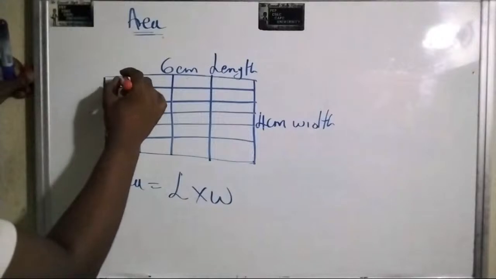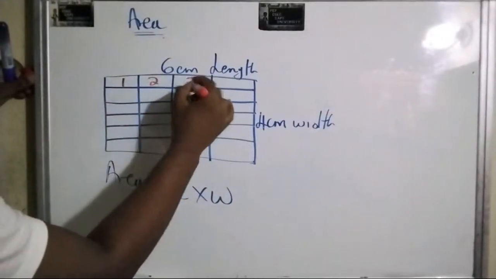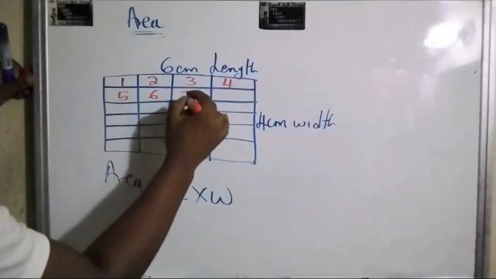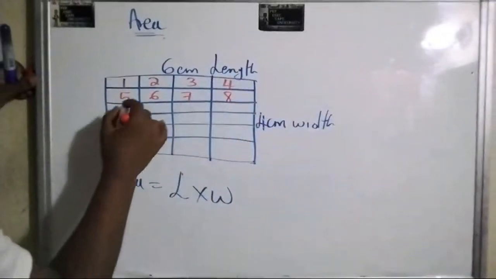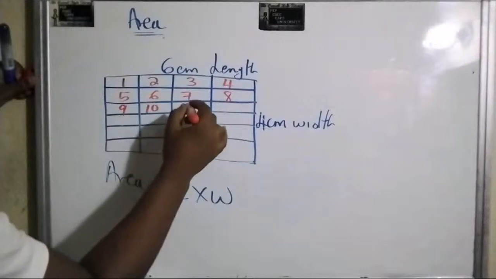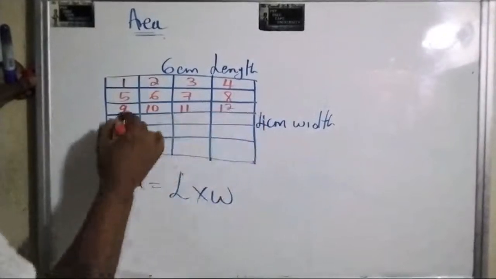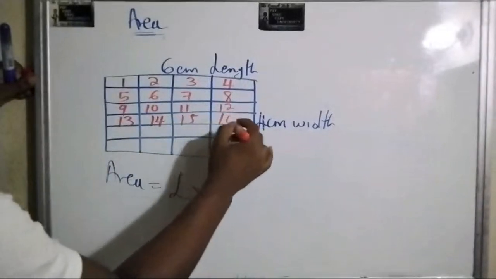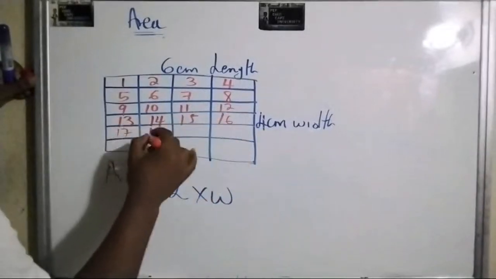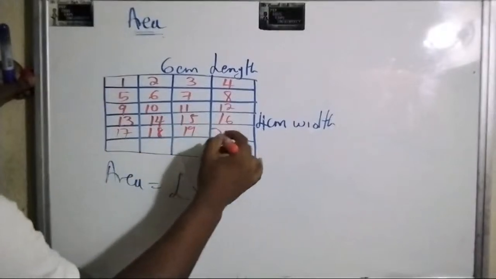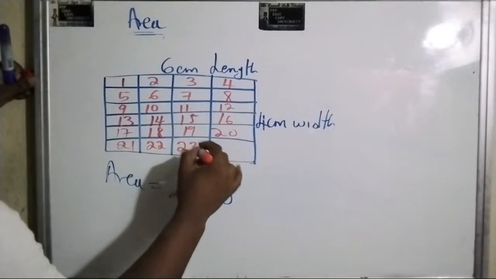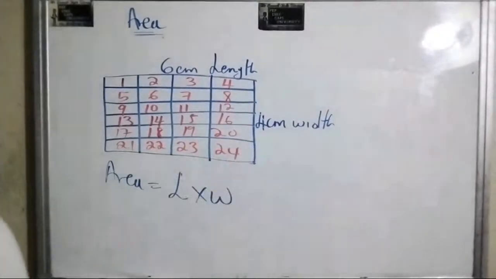So 1, 2, 3, 4, 5, 6, 7, 8, 9, 10, 11, 12, 13, 14, 15, 16, 17, 18, 19, 20, 21, 22, 23, 24.